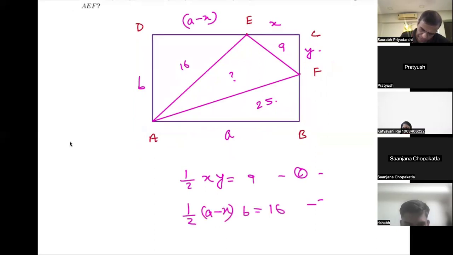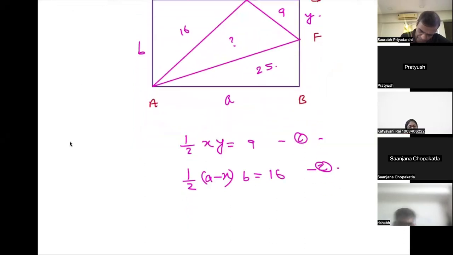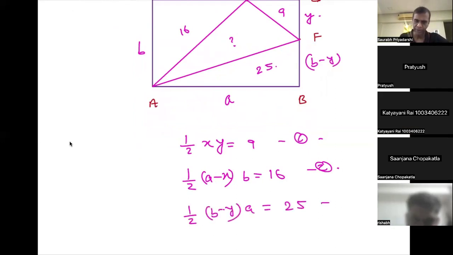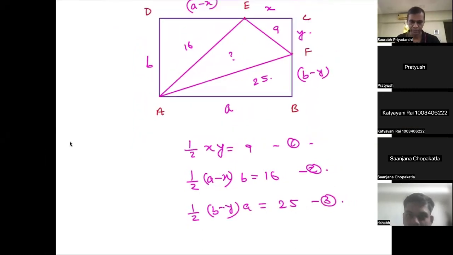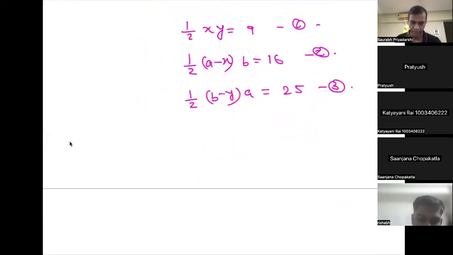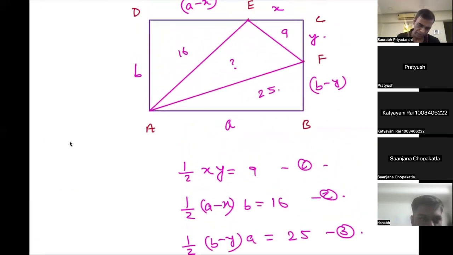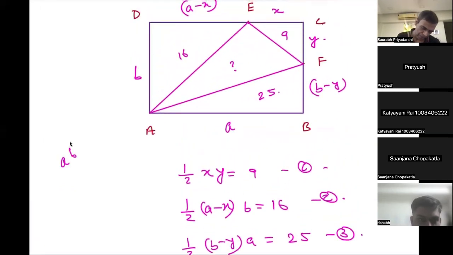And third is half into (B minus Y) into A is equal to 25. What I have to find is AB, that is the area of the rectangle.